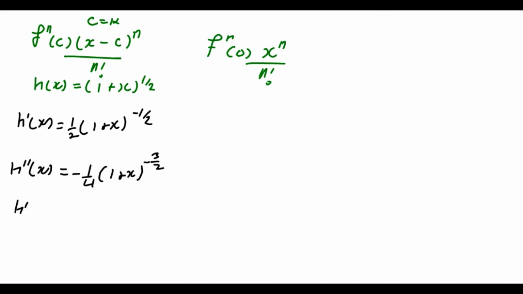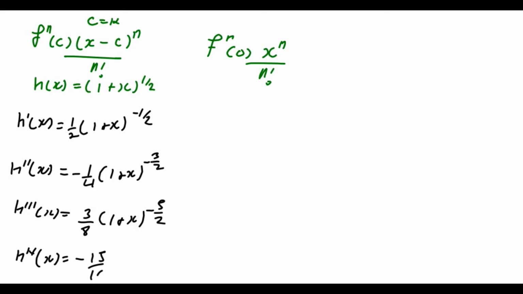Then h triple prime of x will be equal to positive 3 over 8, 1 plus x to the power minus 5 over 2. Then h to the fourth of x will be equal to, that drops, minus 15 divided by 16, 1 plus x to the power minus 7 over 2.